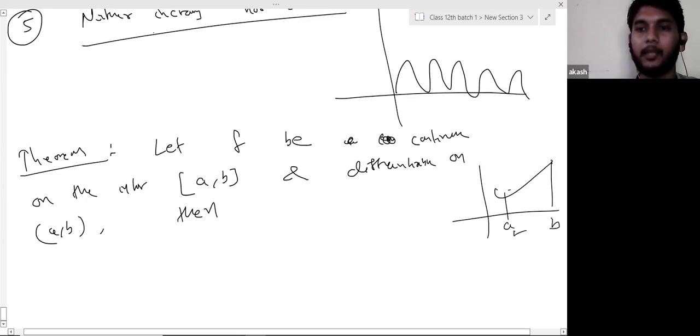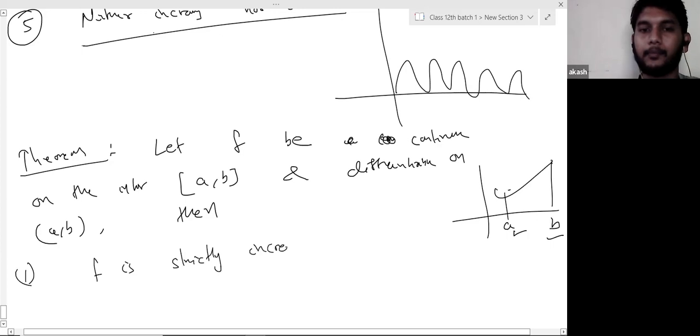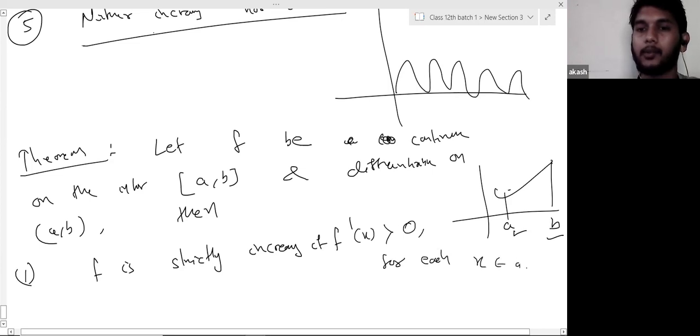It is both continuous and differentiable from a to b. Then what we can say? f is strictly increasing if f dash x is positive for each x belongs to a comma b.